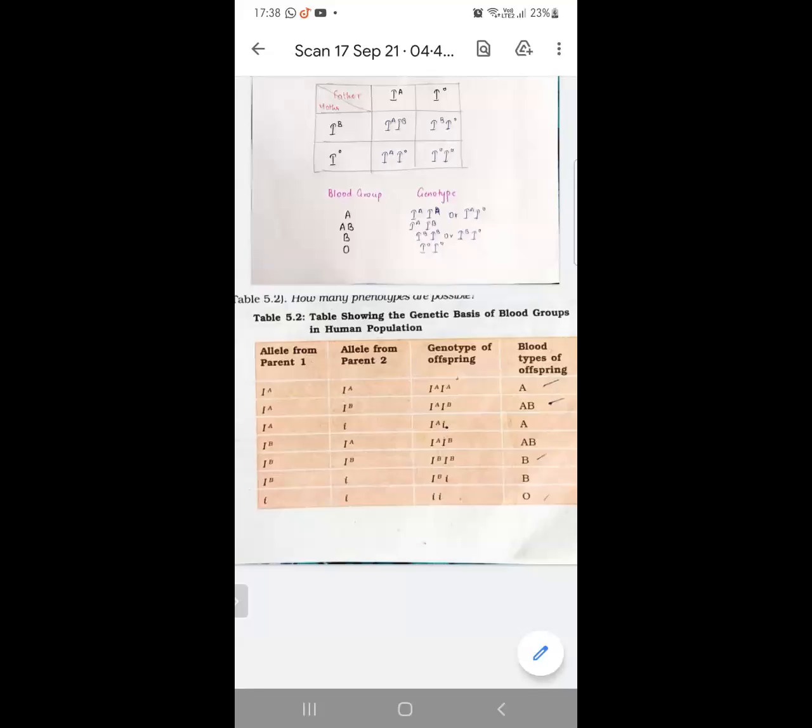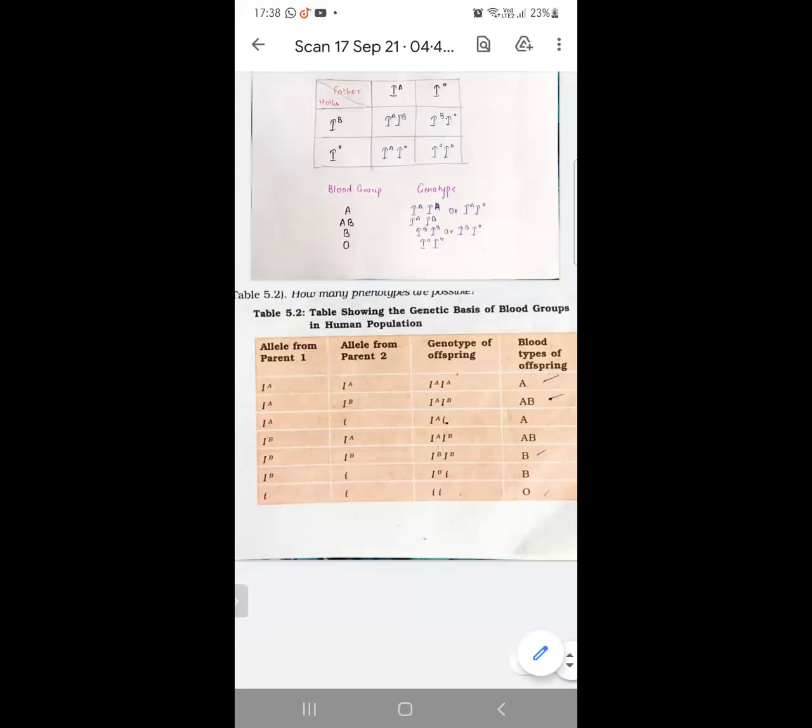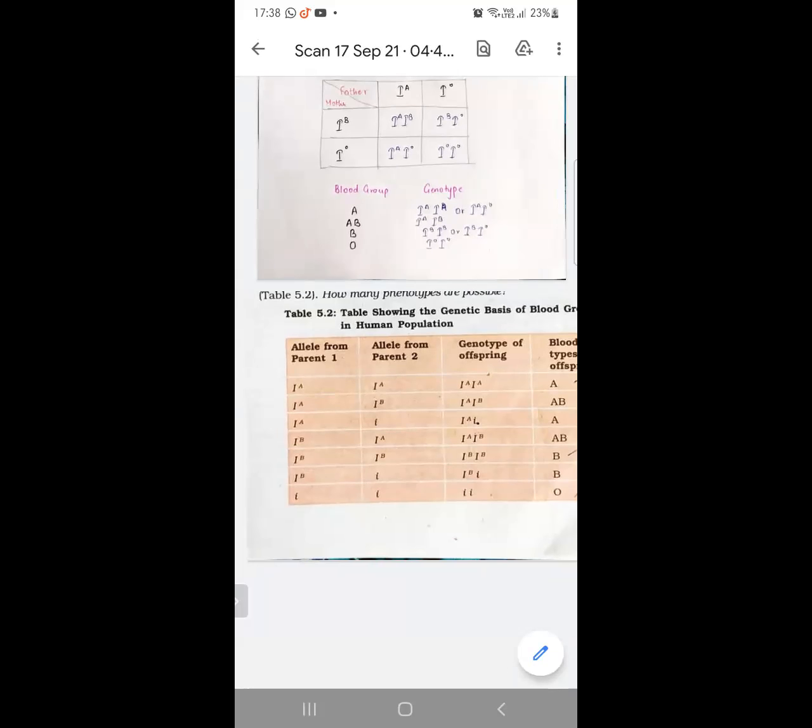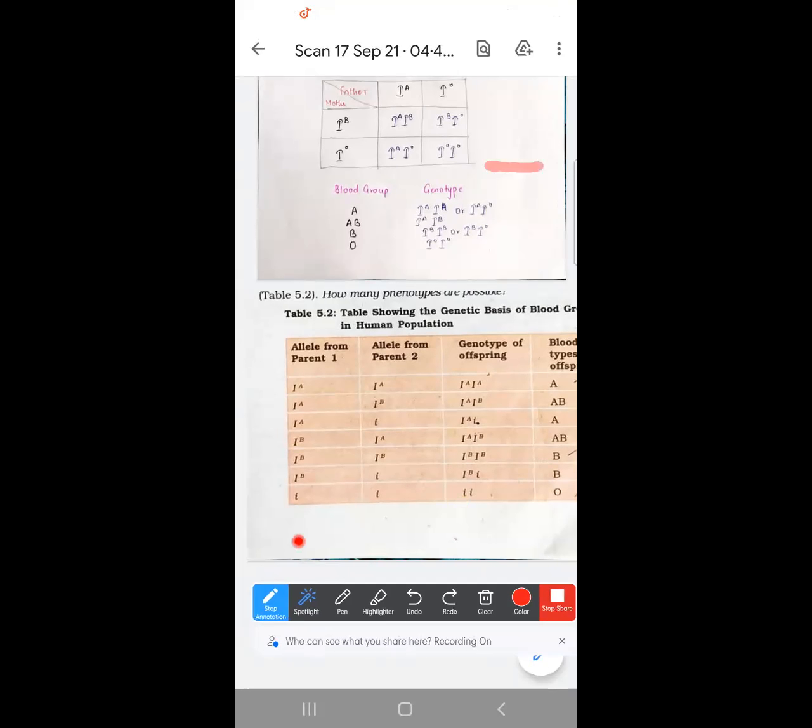Codominance is also an example of multiple allelism. Now, what is multiple allelism? It is the condition in which more than two alleles govern the same character.